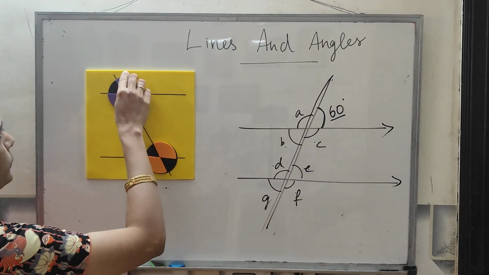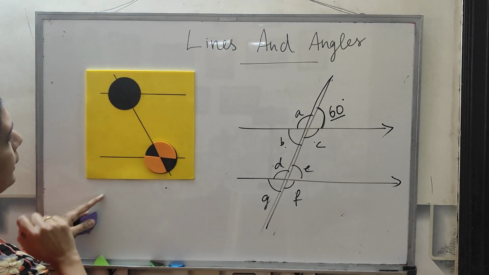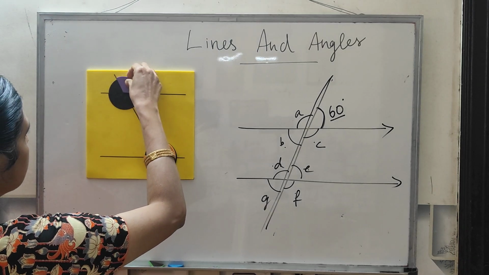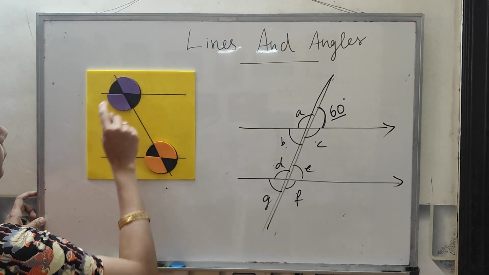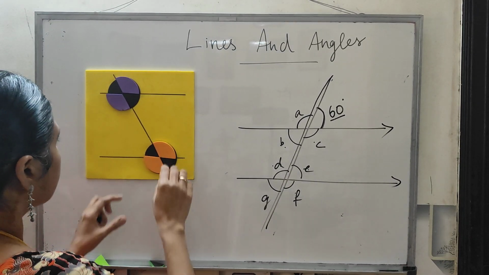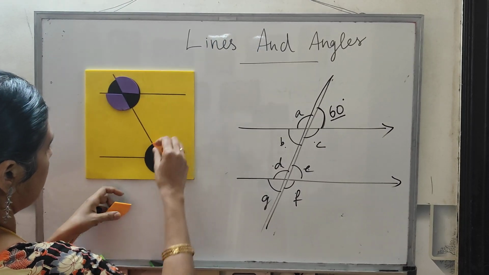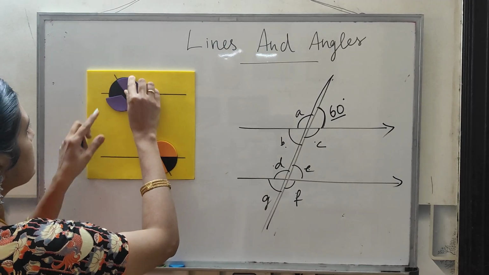Come here, let's see this one. Again here also two parallel lines are there. This is a transversal line. I am telling you this angle is equal to this angle. Vertically opposite angles are equal. Here also, very same. So what angle do I have here?